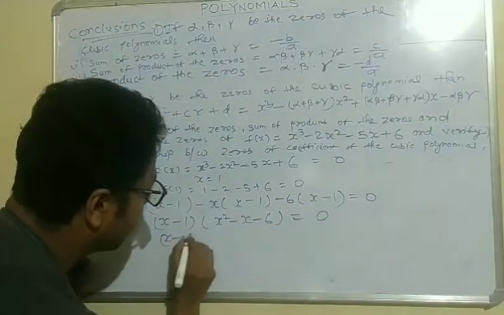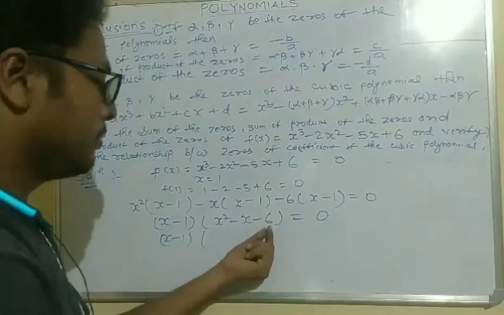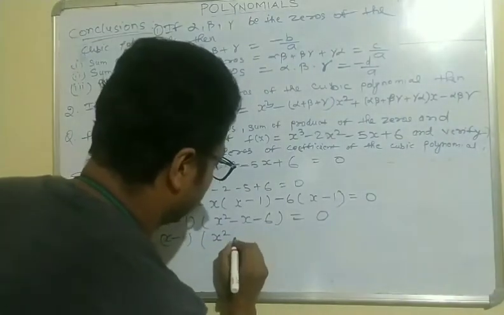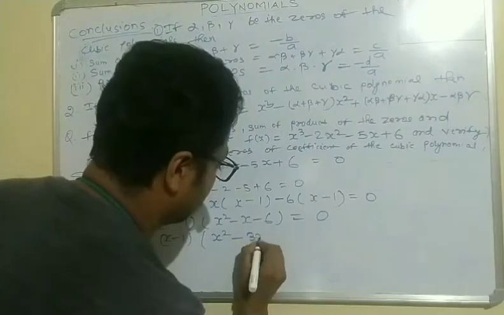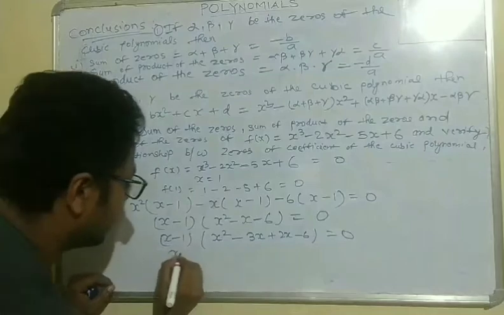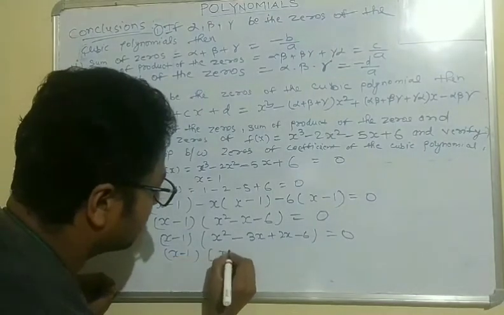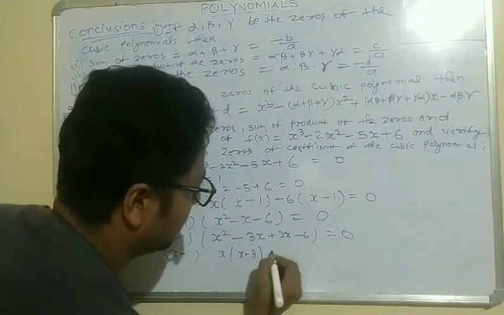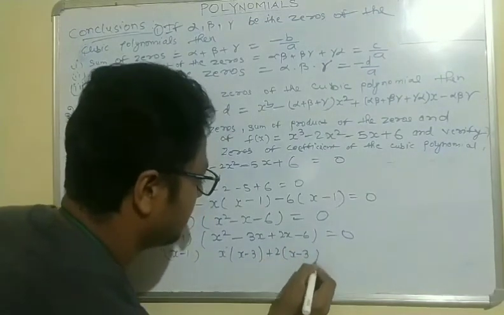Now I will expand this quadratic expression also: x square minus 3x plus 2x minus 6 equal to 0. Taking x common, x(x minus 3) plus 2(x minus 3) equal to 0.